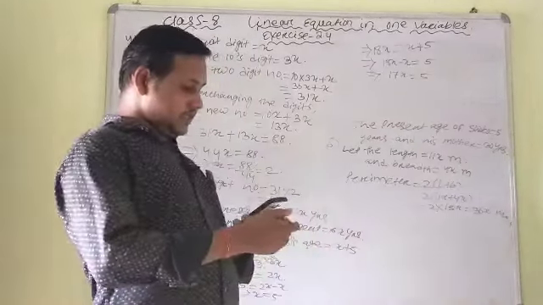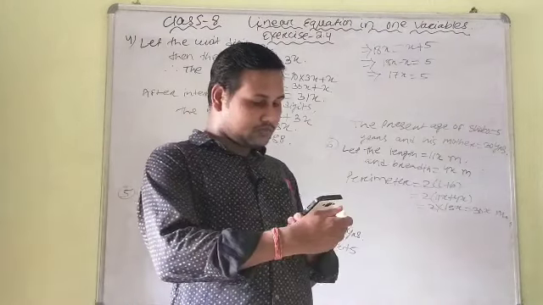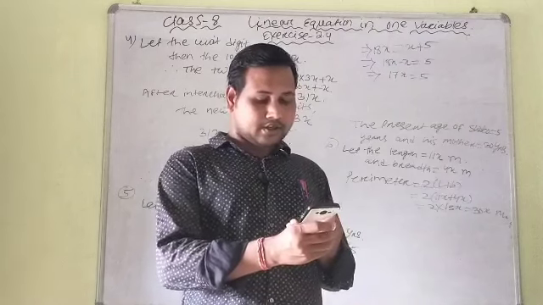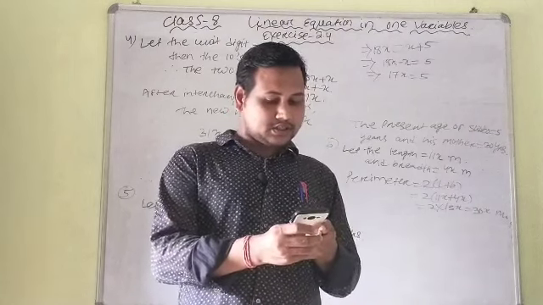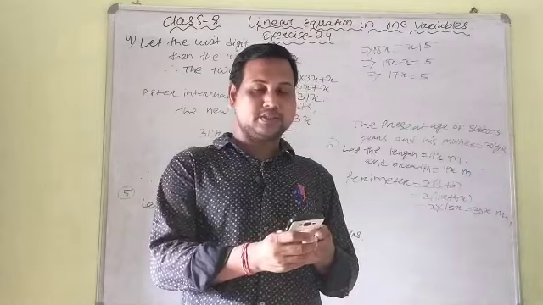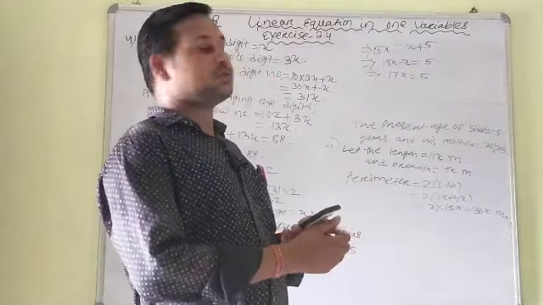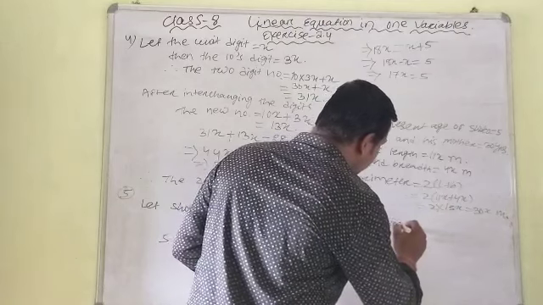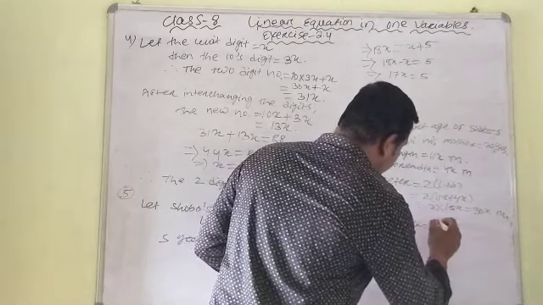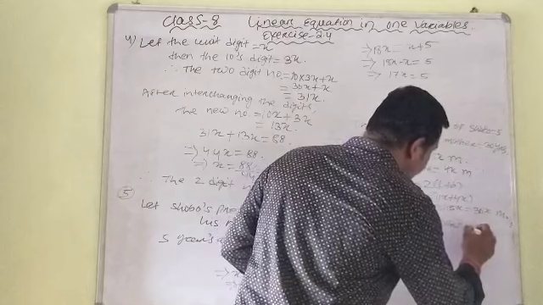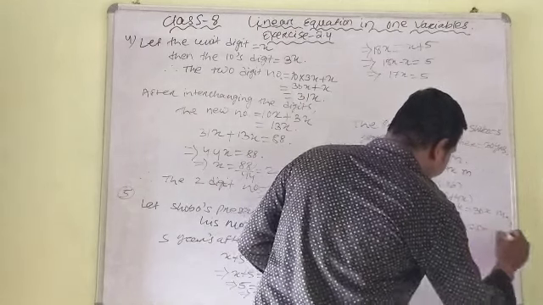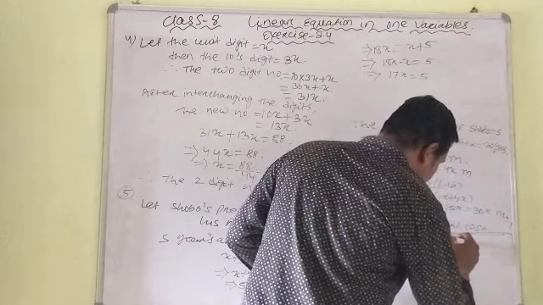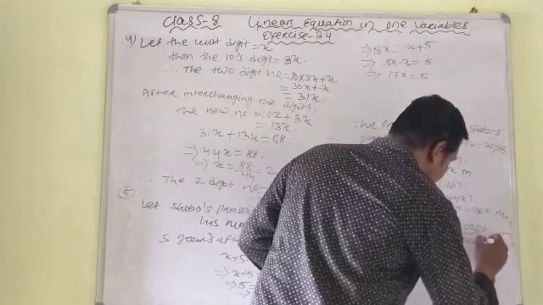Again, it's given here the cost per meter is 100 and total cost is 75,000 rupees for fencing. So perimeter value is equal to total cost divided by cost per meter.